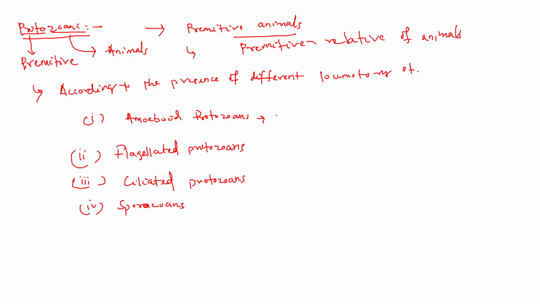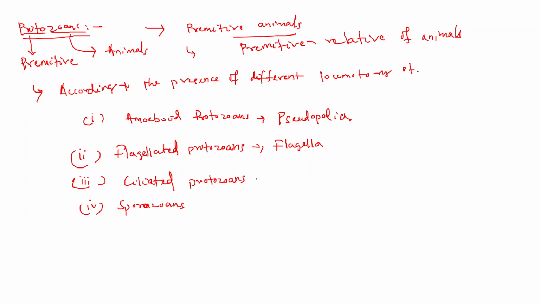In amoeboid protozoans, the locomotor structure is the pseudopodia. In flagellated protozoans, the locomotor structure is the flagella. We'll study this in detail because it is in your syllabus.